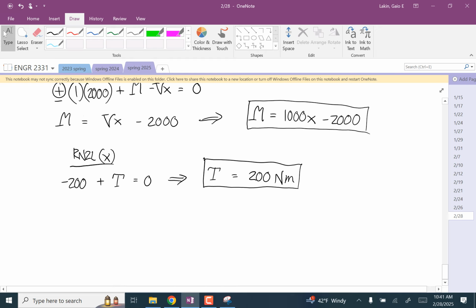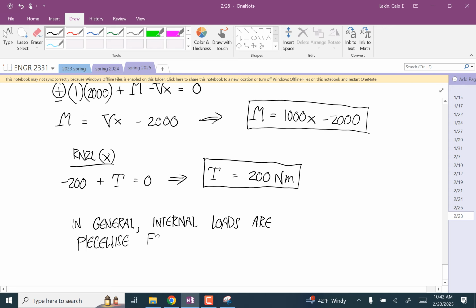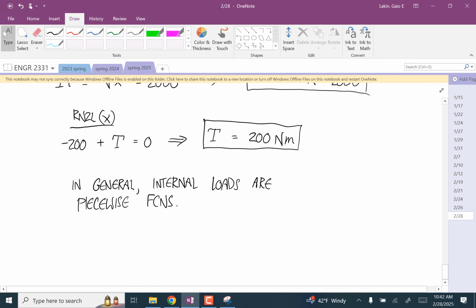Okay, so generally speaking, the internal loads are piecewise functions. Where do the subfunctions change?